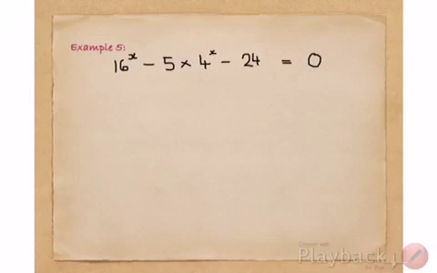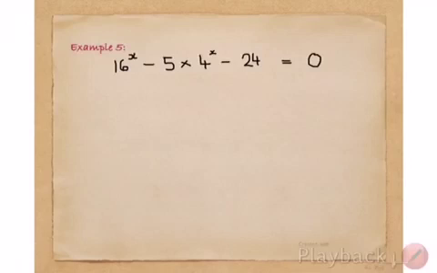Last example, a little bit more complex again. I've got 16 to the power of x minus 5 times 2 to the power of x minus 24. Okay, so what I'm going to do is write them with a common base.